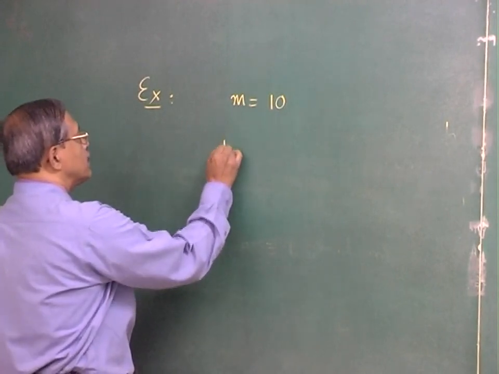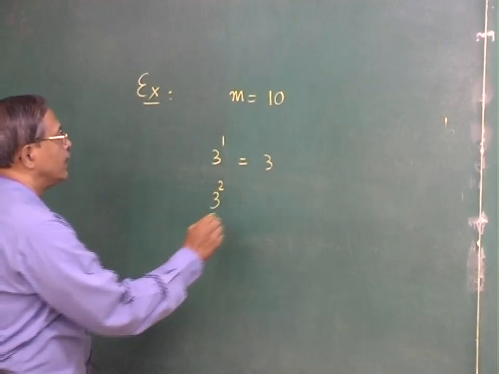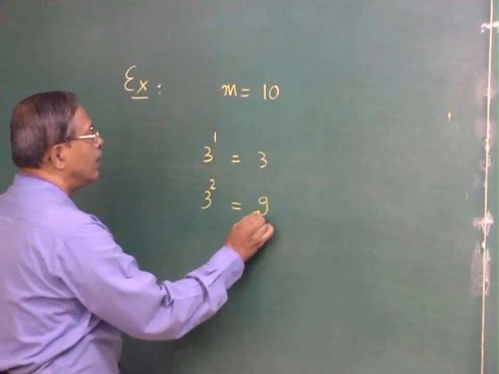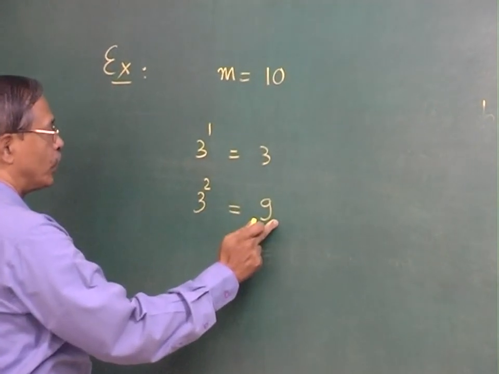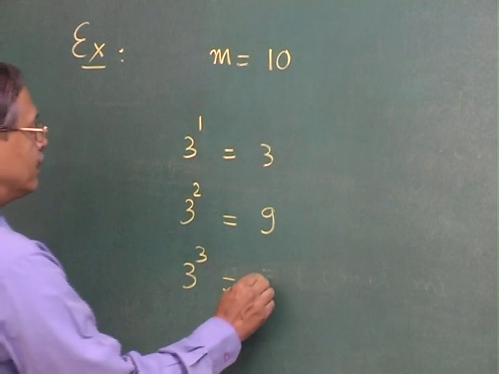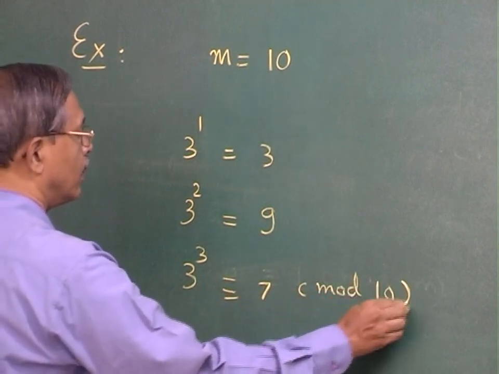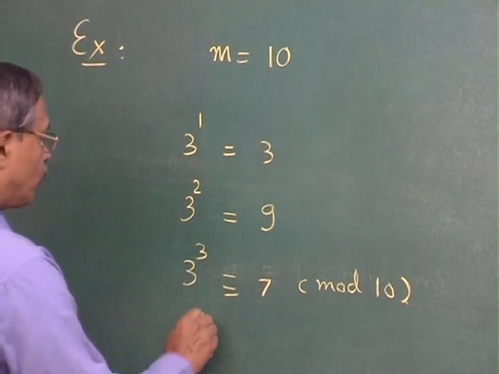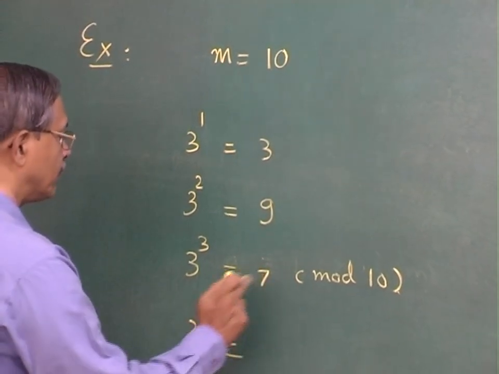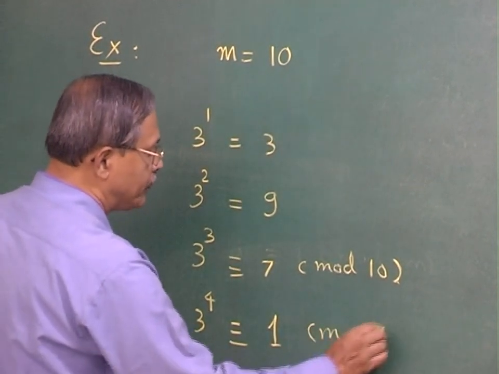So 3 raised to 1 is 3, 3 raised to 2 is 9, none of these is 1 mod 10. 3 raised to 3 is 27, that is congruent to 7 mod 10. 3 raised to 4 is congruent to 7 times 3, which is 21, that is congruent to 1 mod 10.